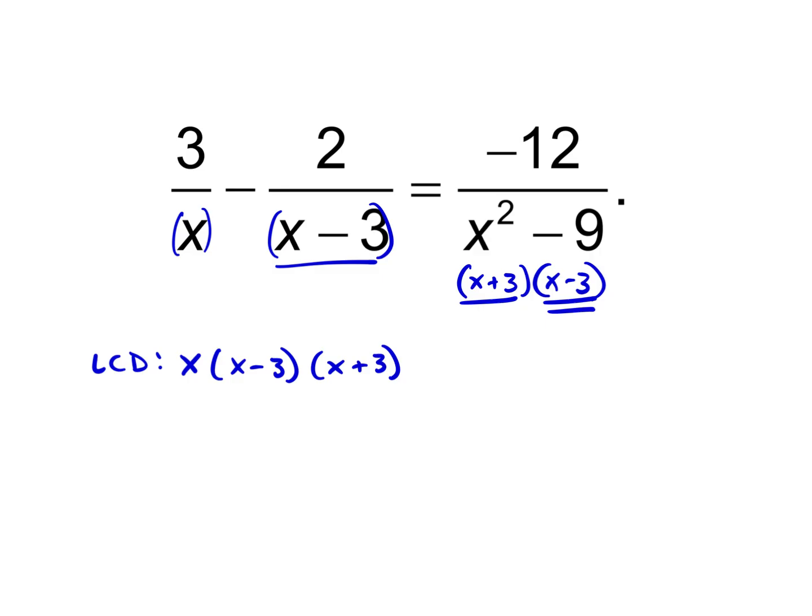In the next step, once we find our least common denominator, we're going to multiply everything by the least common denominator. So everything gets multiplied by x, x minus 3, and x plus 3.